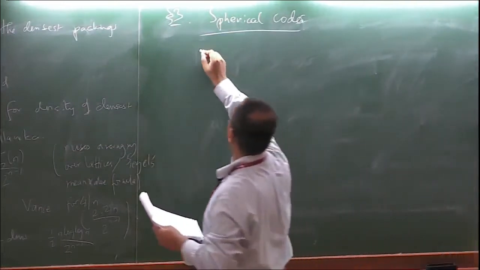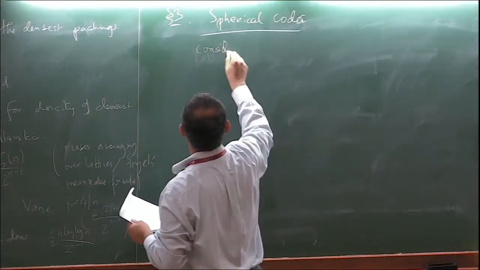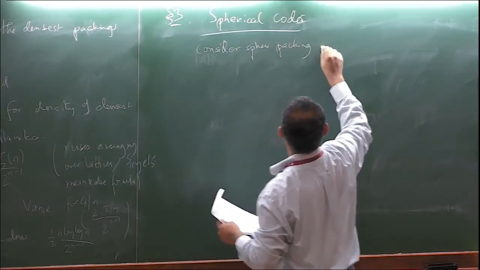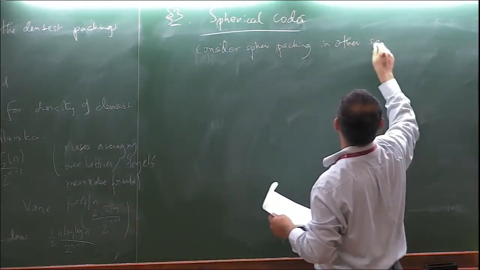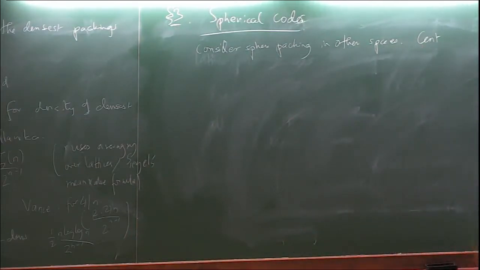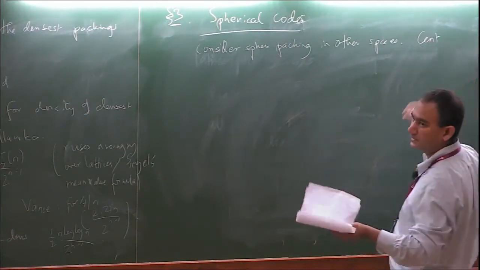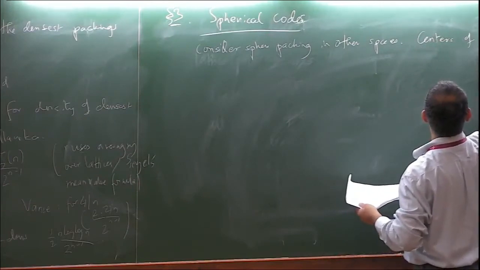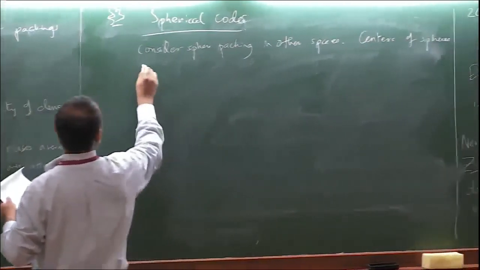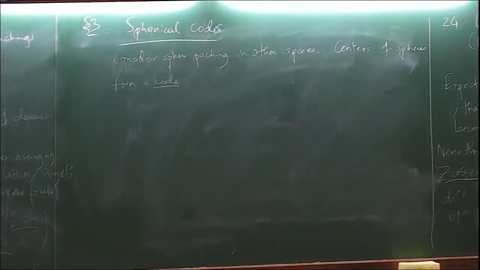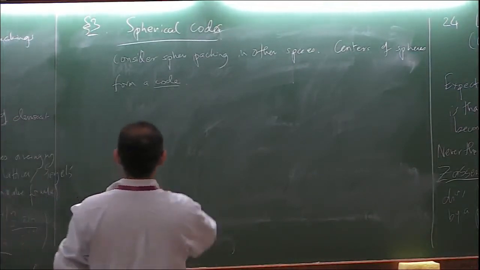So you can consider sphere packing in other spaces, and the point is that considering the centers of the spheres is equivalent, and the centers of the spheres form a code. That's just the name for it. It's some collection of points in that space. So that's a code.